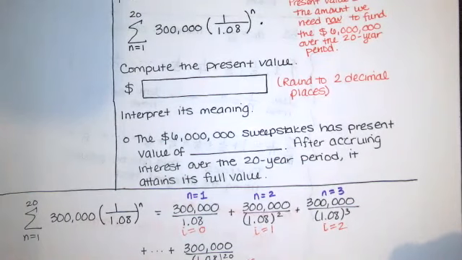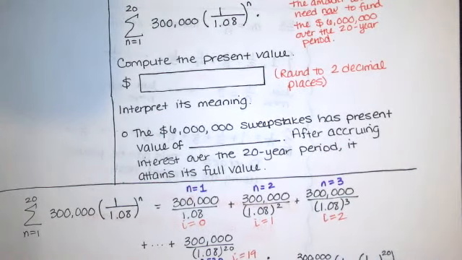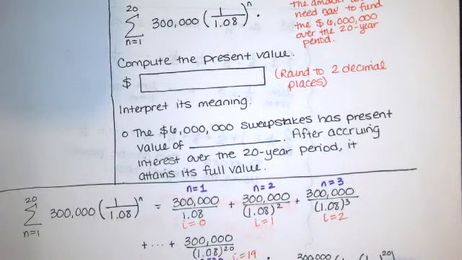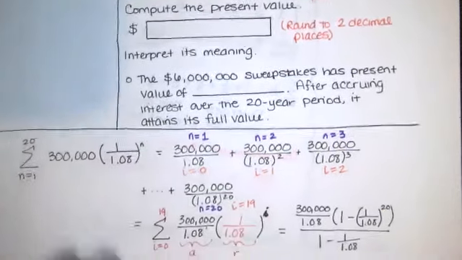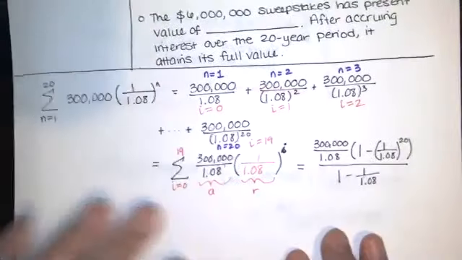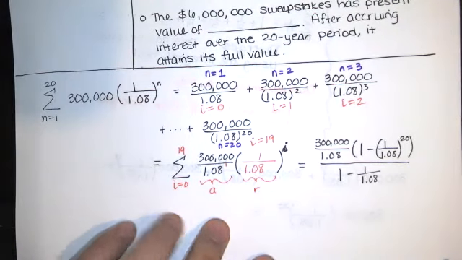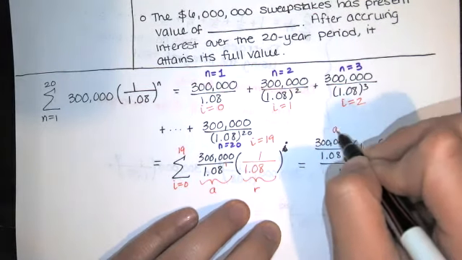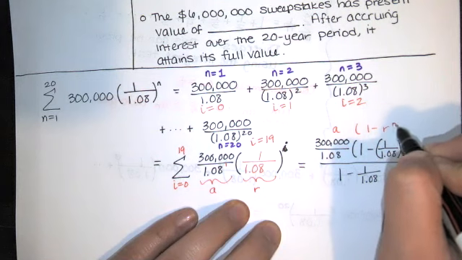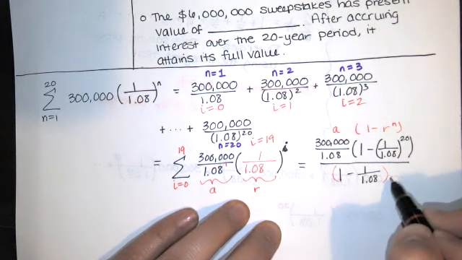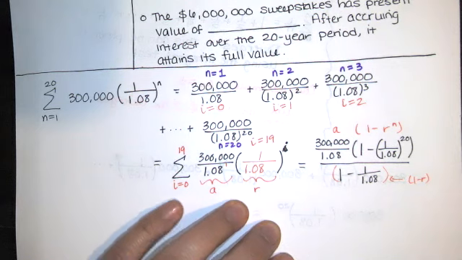We had 20 terms, so that's 20, all divided by 1 minus the common ratio. And so let me just write that formula off to the side. This is A times 1 minus R to the n, and in the denominator here, that's 1 minus R.